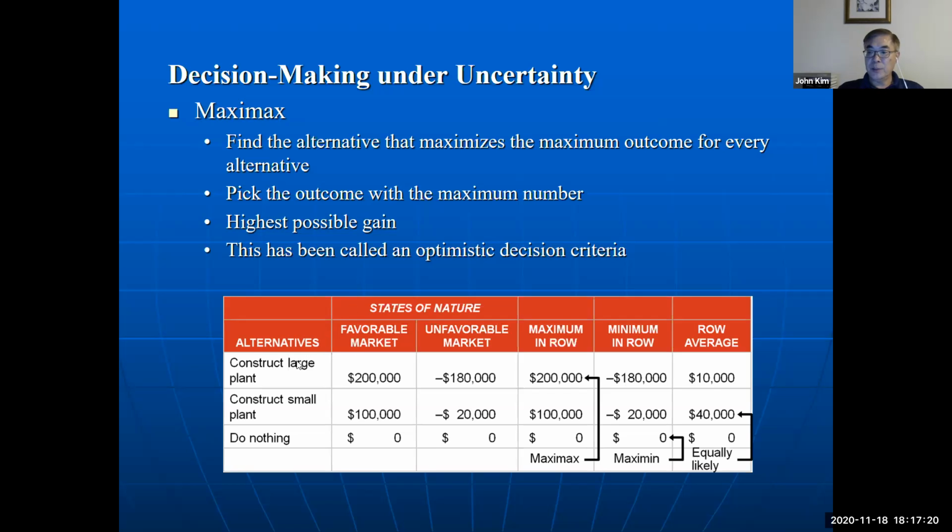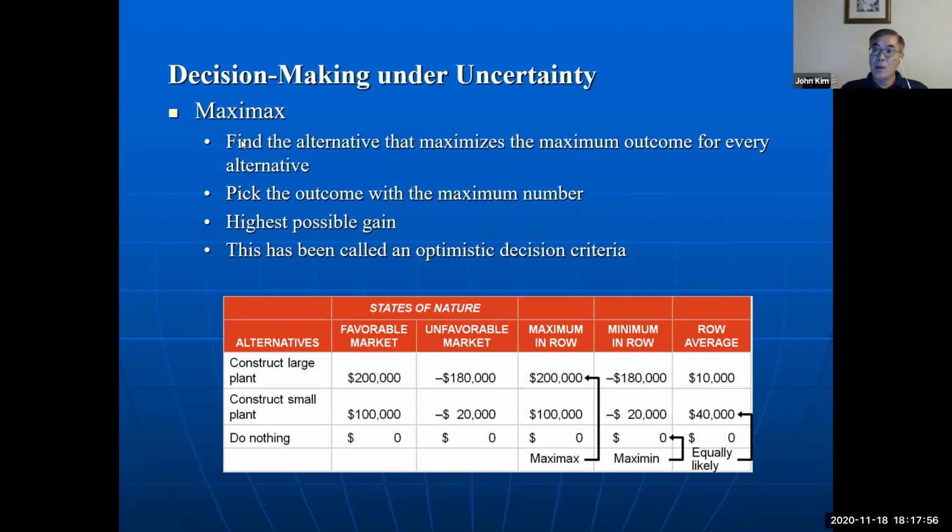If there are three options: construct a large plant, a small plant, and do nothing, three alternatives. We can expect, if the market is good, $200,000 profit. But if the market condition is not good, then a $180,000 loss. Same information like this.